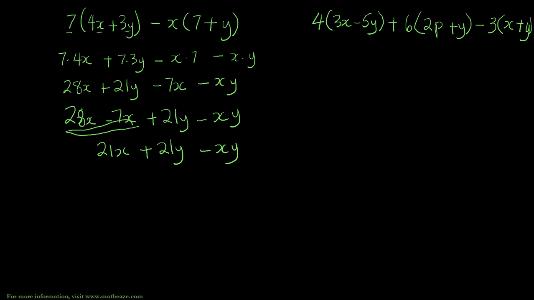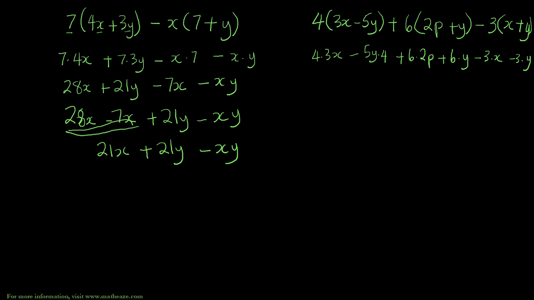Now we have 4 times 3x, then 4 times minus 5y, then 6 times 2p, then 6 times y, and then minus 3 times x, and minus 3 times y.